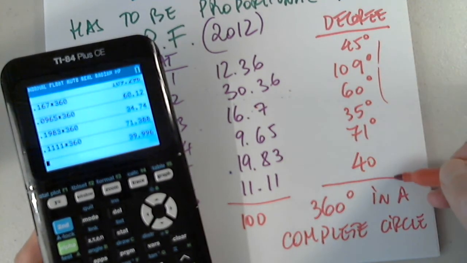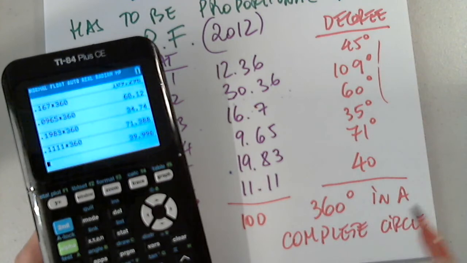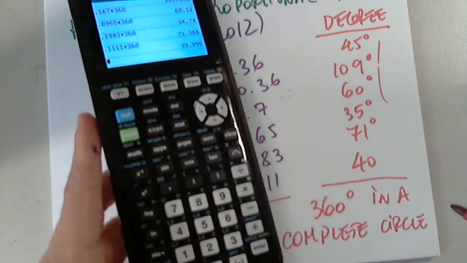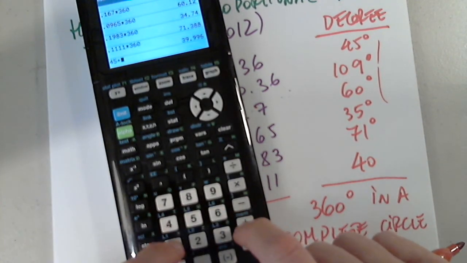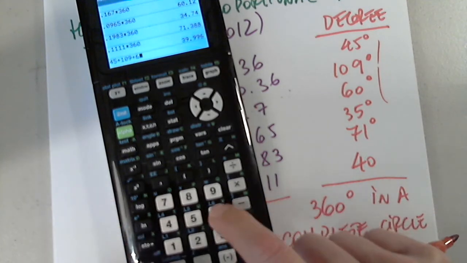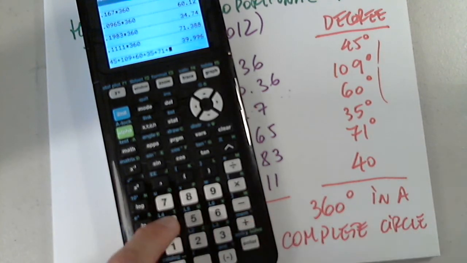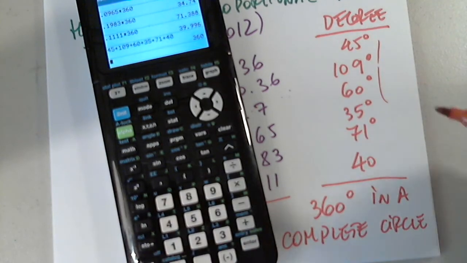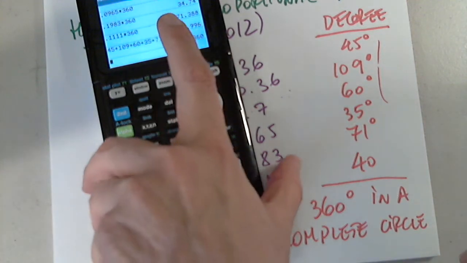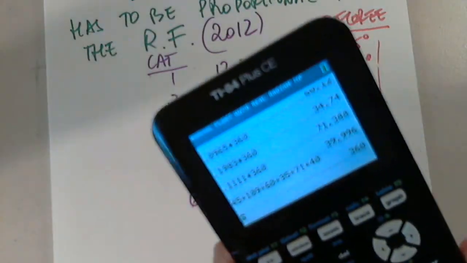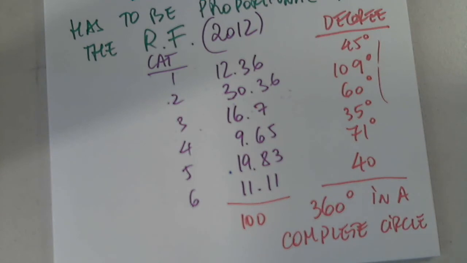If these do not add up to 360, again, I have an error somewhere. Now, 45, 109, of course, is not going to be perfect. Plus 35, plus 71, and plus 40. It happens that somehow I round it up or down, and it is exactly 360. Once we have that, stop me if you have questions. Any questions? Sip of water.